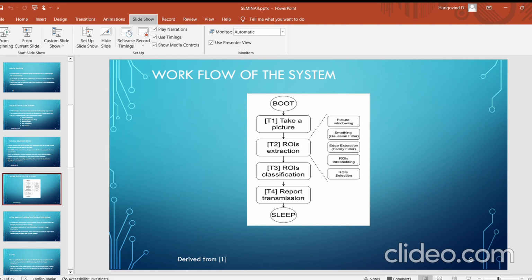So for the classification process, the data after the pre-processing stage is directly fed into the neural compute stick.